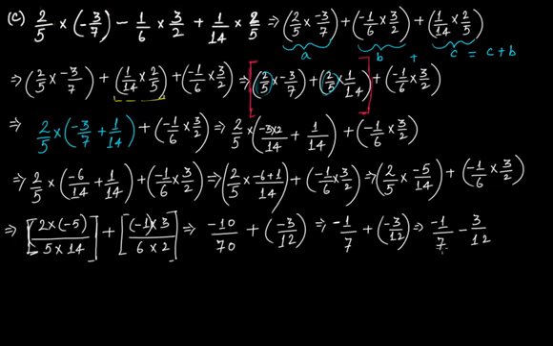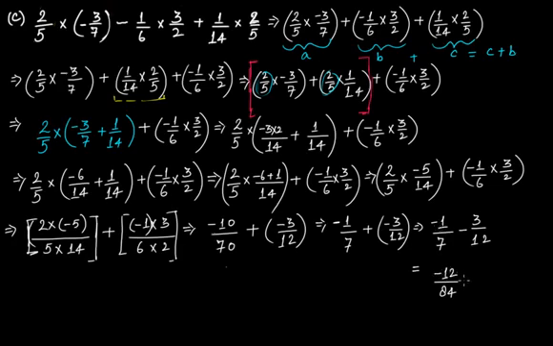Now, if you try to find out the LCM of 7 and 12, you get 84. LCM of 7 and 12 is 84. So if we want 84 here in the denominator, so write 84. If you divide 84 with 7, you get 12. So minus 1 times 12 is what?